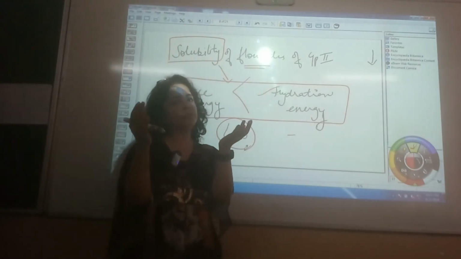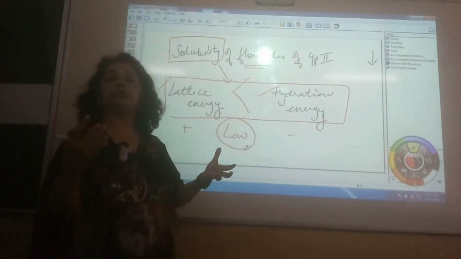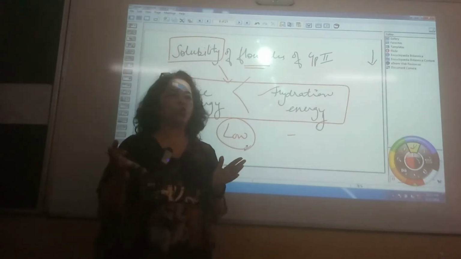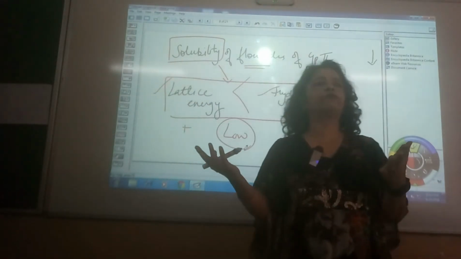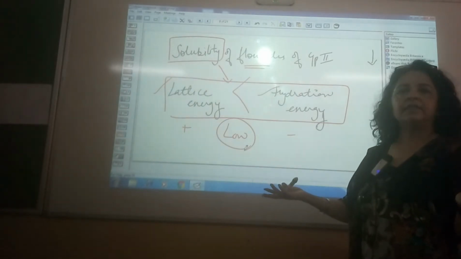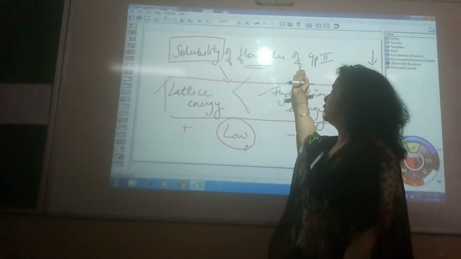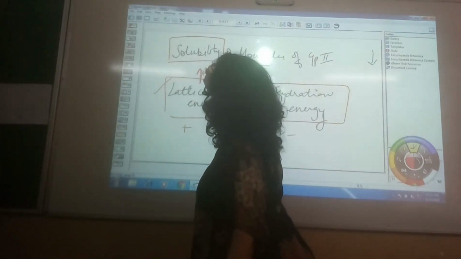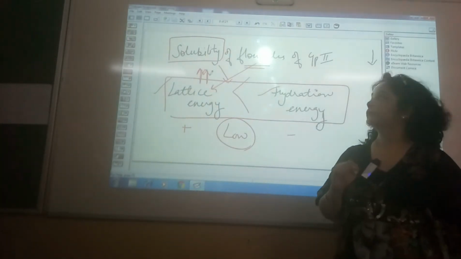So the lattice enthalpy is going to be very high because the lattice is because of the ionic bond. And ionic bonds are stronger with more non-metallic elements. So fluorides form strongly ionic compounds, hence their lattice energy is very high. That's the reason that the solubility is low, because fluorides have an extremely high lattice energy.